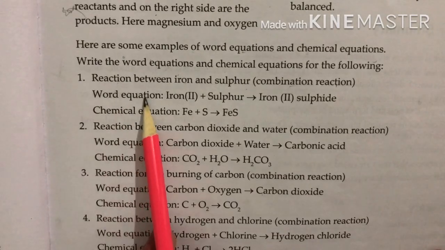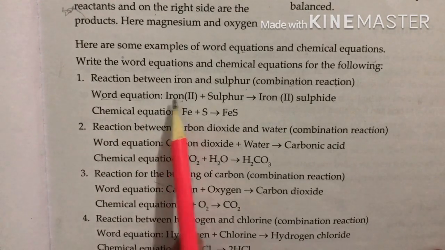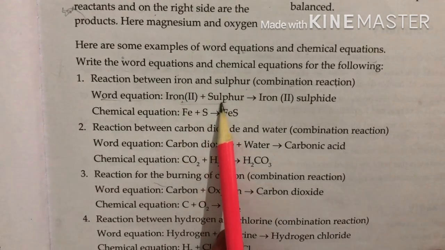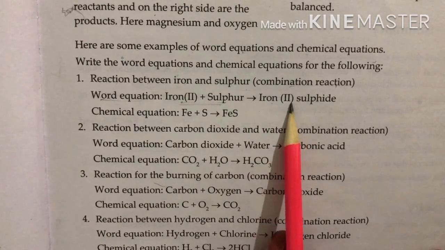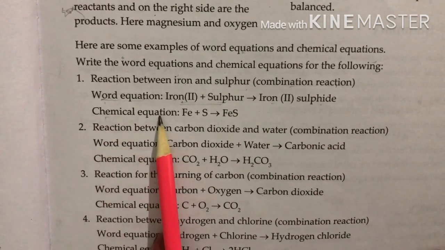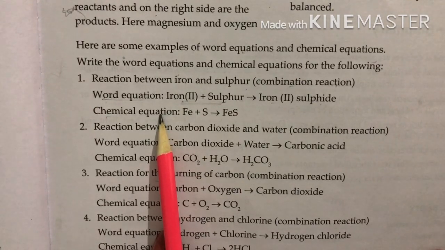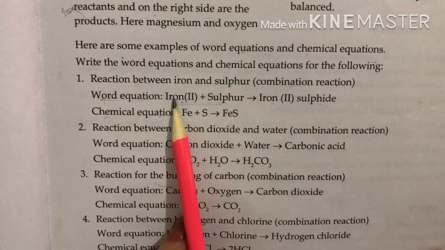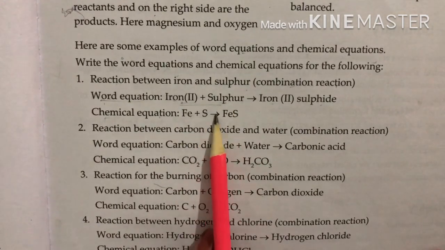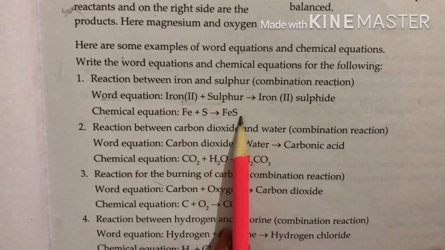The word equation uses the names of the chemicals: iron and sulfur combine with each other and form iron sulfide. The chemical equation uses the symbols and formulas of the elements. Here the symbol for iron is Fe and for sulfur it is S.